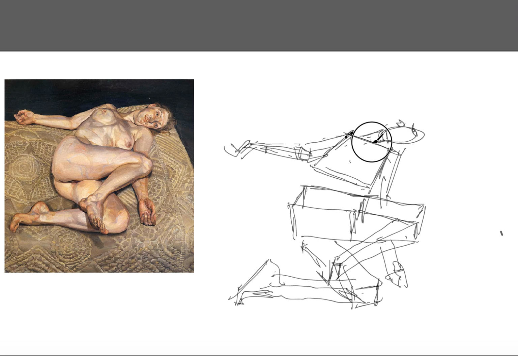And again, when thinking about the central plane of the figure, you can begin to understand how the breast in this instance is resting on top of the thorax. This breast here is hanging down away from the central line of the thorax. Through here we have the internal arch of the sternum.